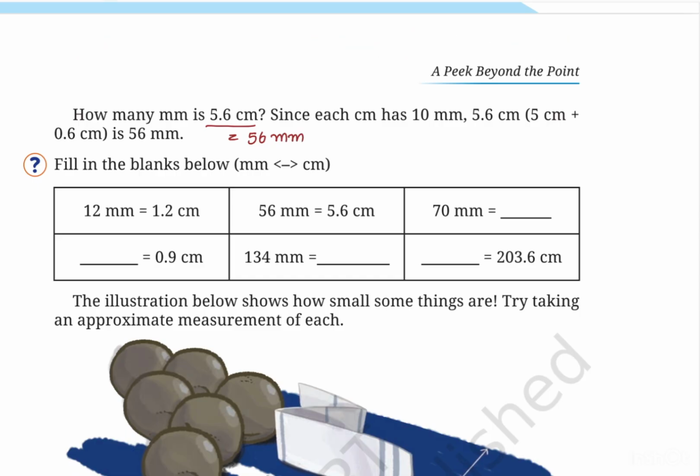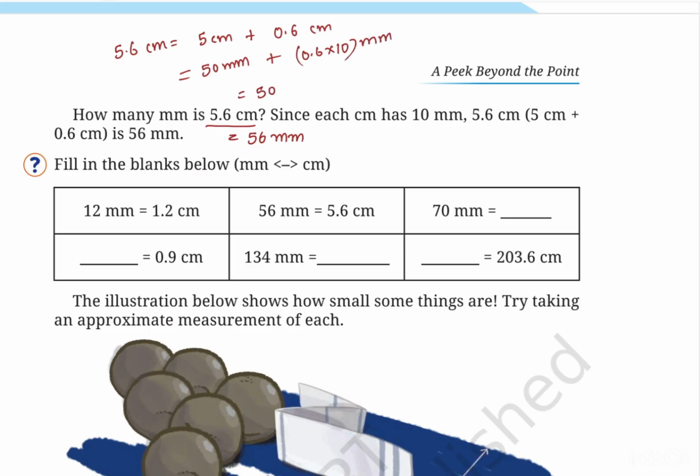Here we can split 5.6 centimeter into 5 centimeter plus 0.6 centimeter. 5 centimeter becomes 5 into 10 millimeters, that is 50 millimeters, plus 0.6 into 10 millimeters, that is 6 millimeters.